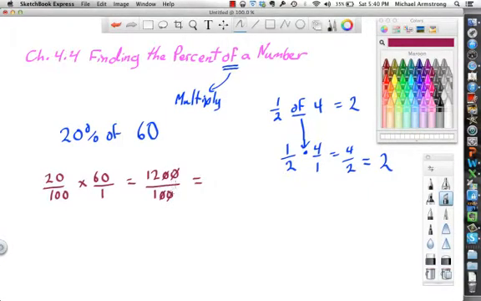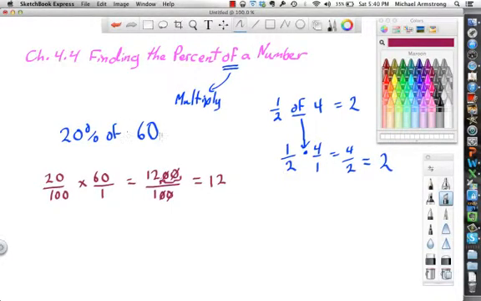When you divide by 100, the decimal comes over twice, or you can just cancel zeros. So it would really be 12, or 12.0. So 20% of 60 is 12. So if we had $60 shoes and we knew we were going to save 20%, we could subtract $12 from 60 and get $48 as our new total, and that kind of makes sense.